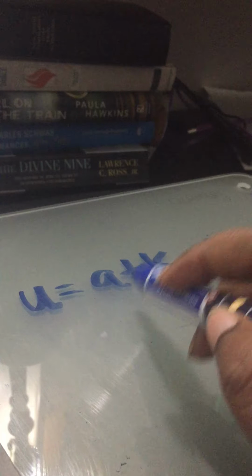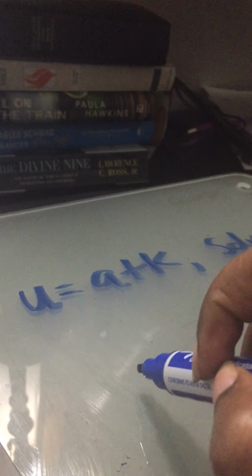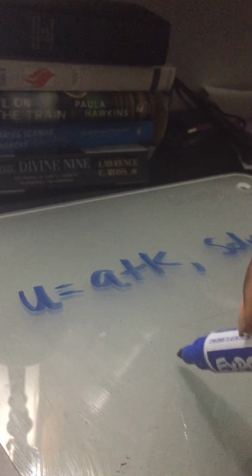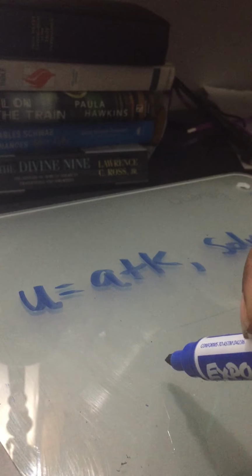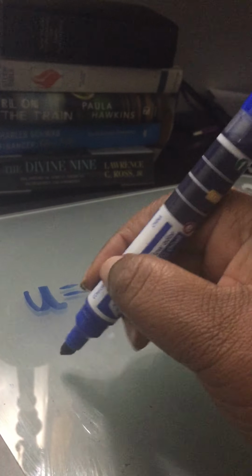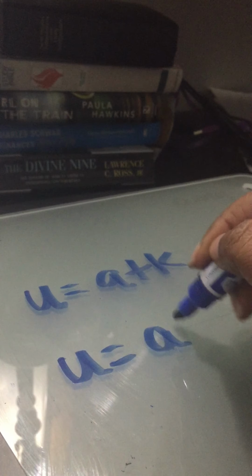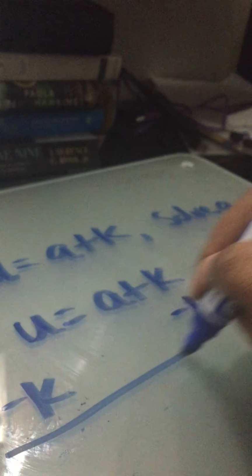So since it is addition, I know that the opposite operation when it comes to addition is subtraction. I have to write my equation again. I am going to subtract K from both sides.